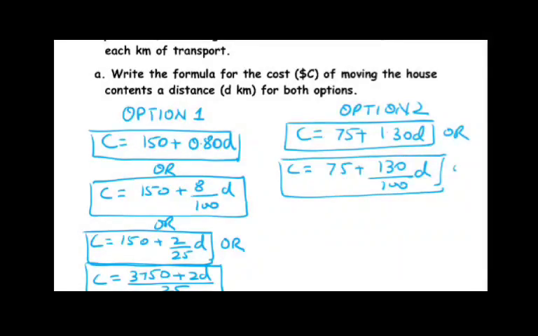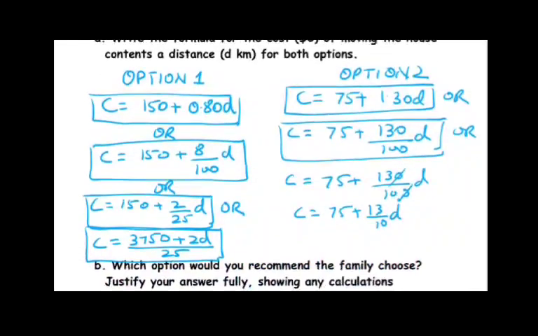This can be further worked out and written as C is equal to 75 plus 130 upon 100d. So here the zeros get cancelled and this can be written as C is equal to 75 plus 13 upon 10d.